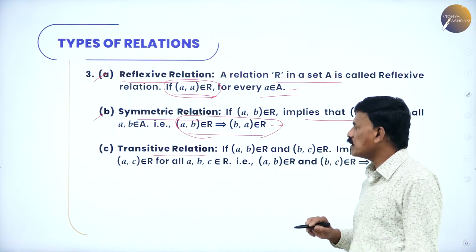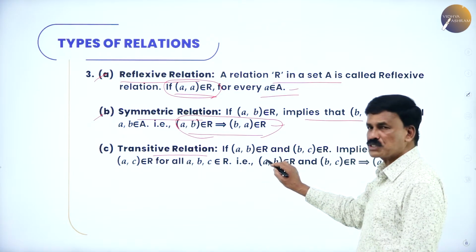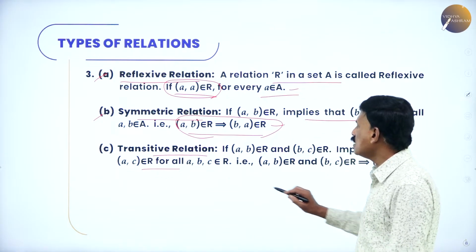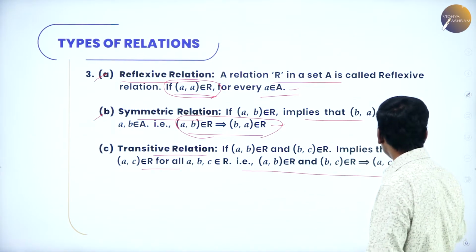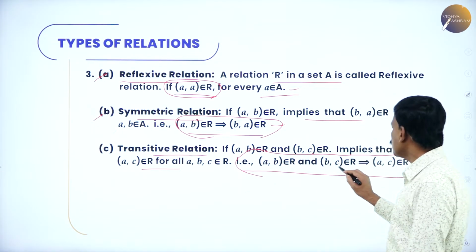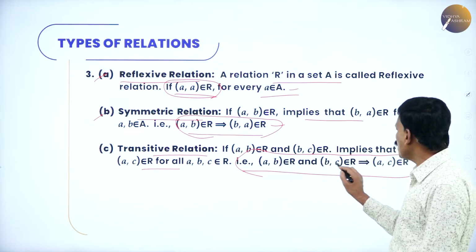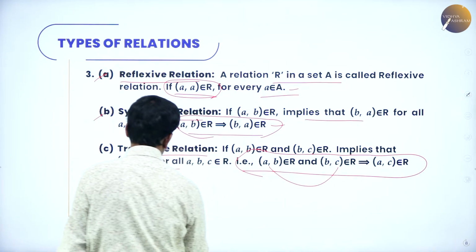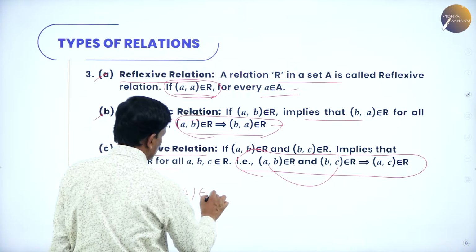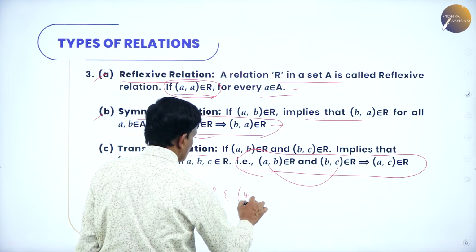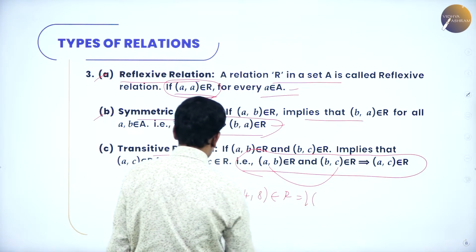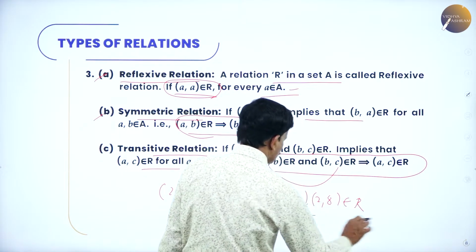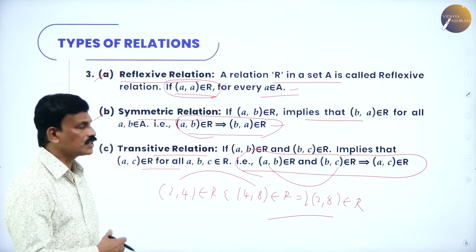For any three elements A, B, C, if (A, B) belongs to R and (B, C) belongs to R implies that (A, C) also belongs to R. Suppose, for example, (2, 4) belongs to R and (4, 8) belongs to R implies (2, 8) also belongs to R. So, this is an example for a transitive relation.